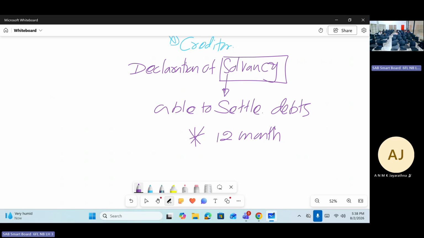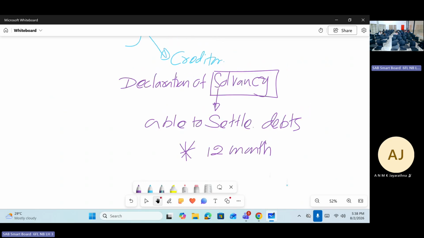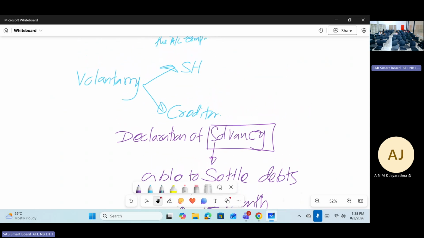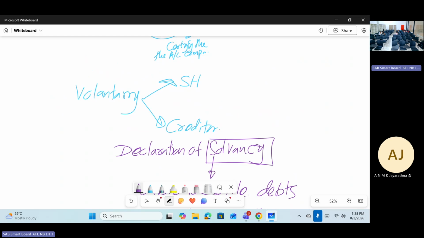If they are unable to give this declaration, it means the company is bankrupt, insolvent, unable to settle its debts within 12 months from the date of commencement of the winding up. Therefore, it becomes a creditors voluntary winding up. So depending on this declaration of solvency, we have to decide whether it is a shareholders voluntary winding up or a creditors voluntary winding up.